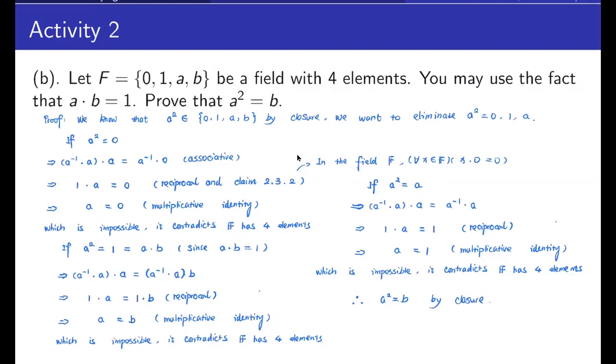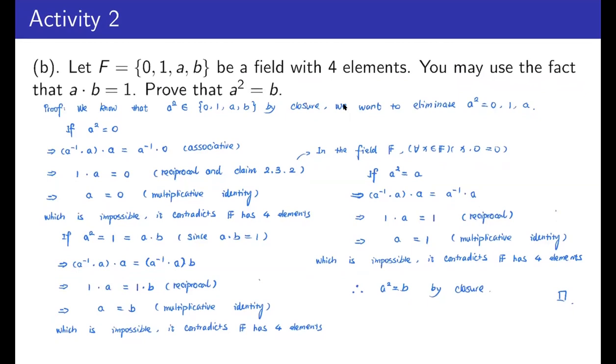Okay, so this is a proof. It's pretty similar to the last activity. Instead, we have 4 elements here. So we want to show a squared equals b, and you can use ab equals 1. We want to eliminate a squared equals 0, 1, and a. So if it cannot be any of those, by closure it has to be b.